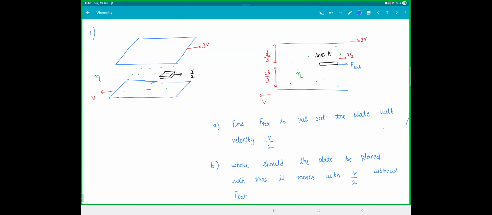So how would you do the free body diagram?